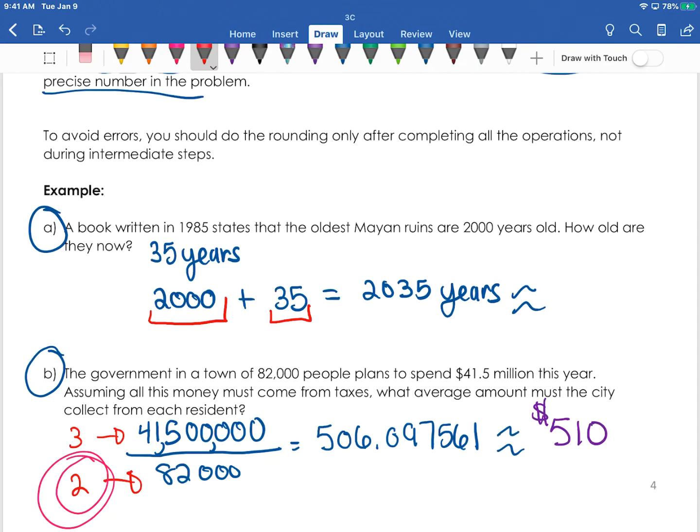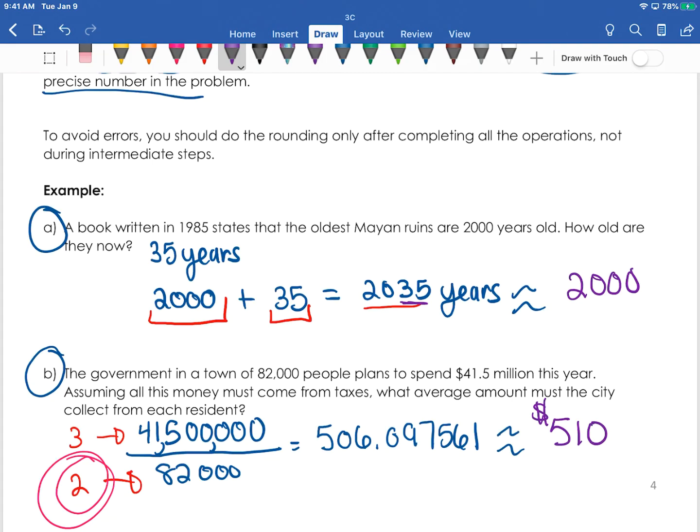It's the least precise. So I want to make sure that when I round my answer, I'm going to round it to the same place as 2,000. And to change 2,035 to have the same place, I want to round it to the thousands, I would have to write my final answer as 2,000 because 2,035 is not close enough for me to be able to bump it up to 3,000.